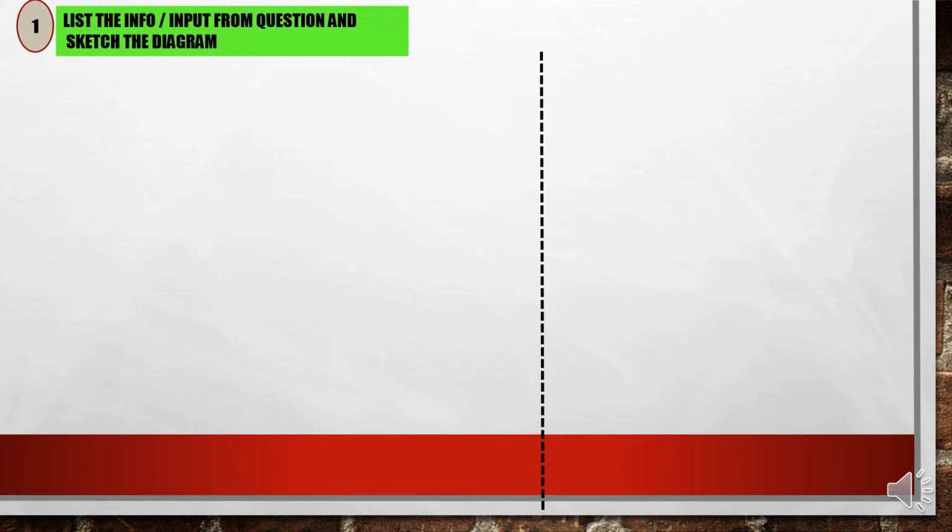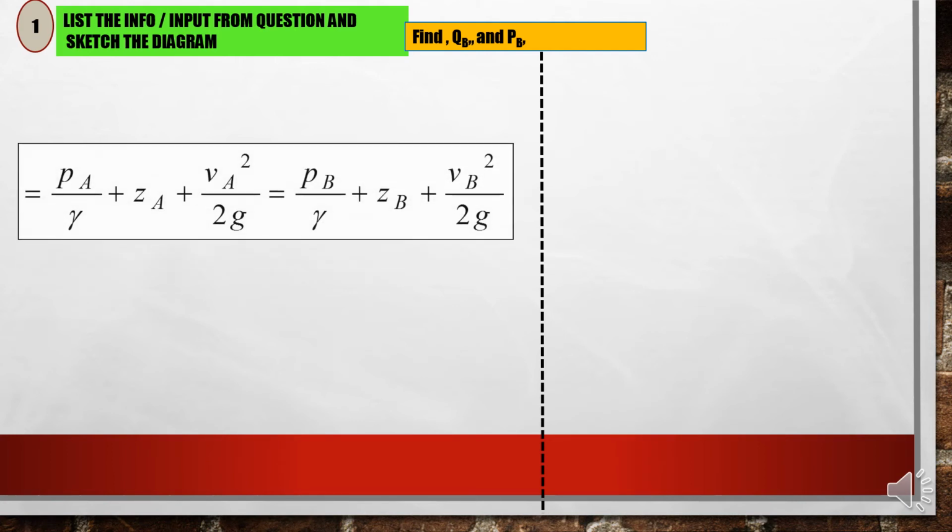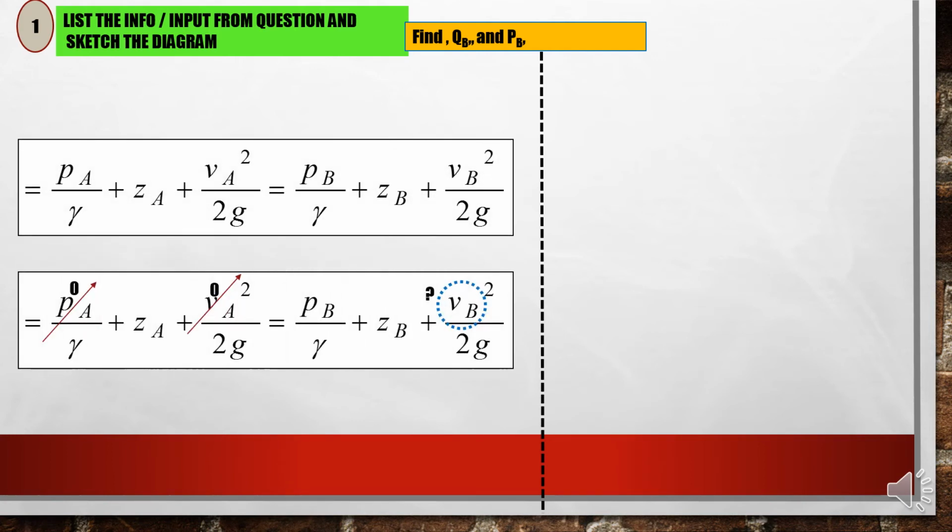Now we proceed with point B, in which we will determine the QB and PB. We have to use the Bernoulli equation since we want to determine information for point B, so we need to correlate point A and point B. As usual, for point A, we can still cancel out the PA and VA.